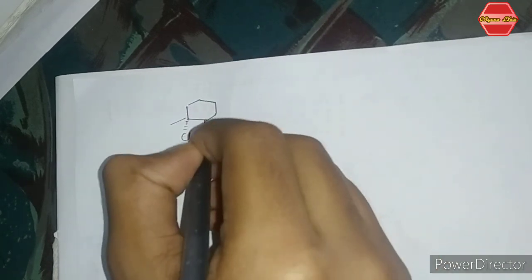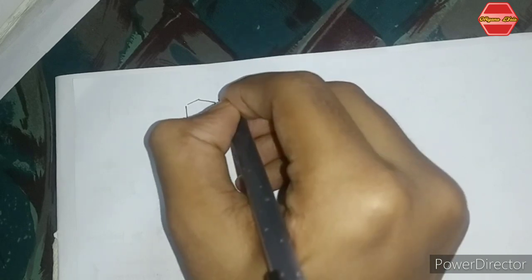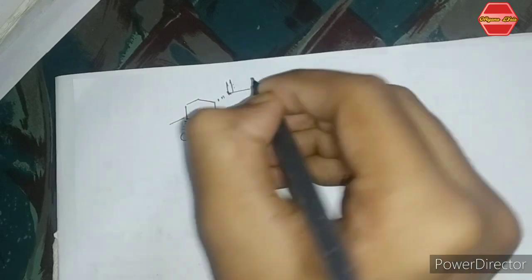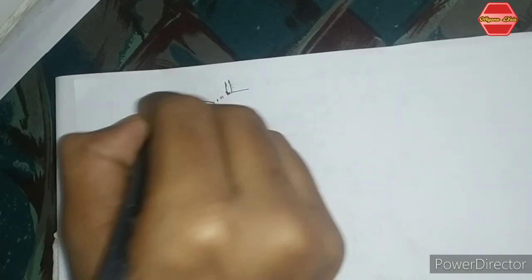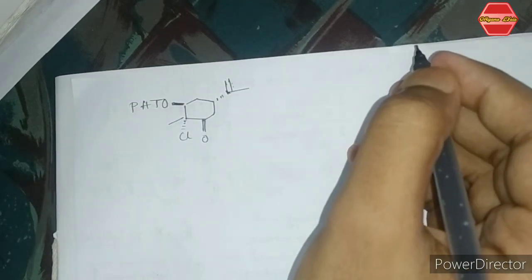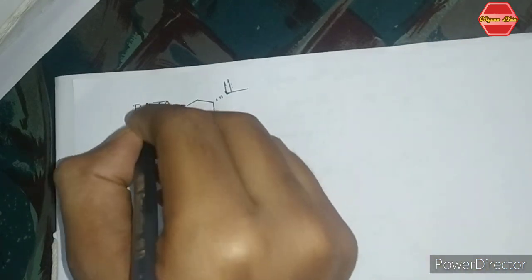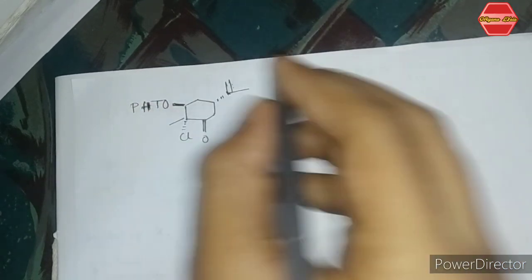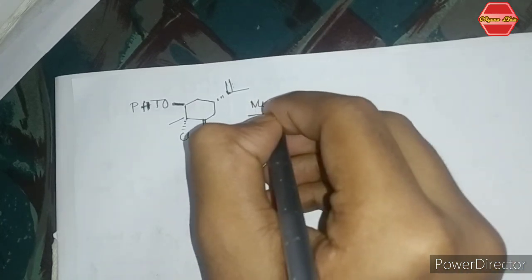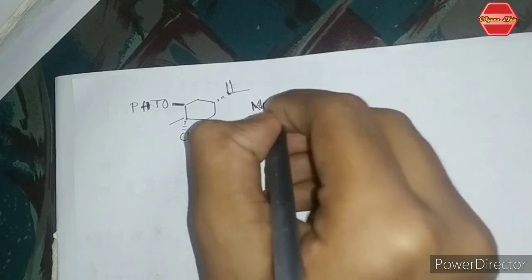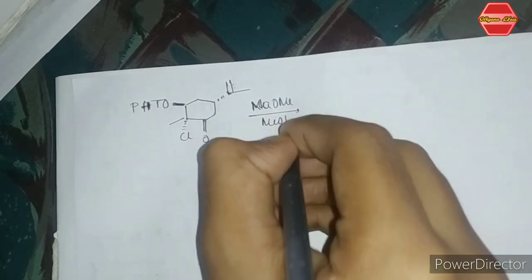Taking a substrate like this, this is Cl, a double bond here, and OH, protected by this group THP, that is tetrahydropyran. This is the protection of the OH group, the alcohol group, and here NaOMe in the presence of methanol.